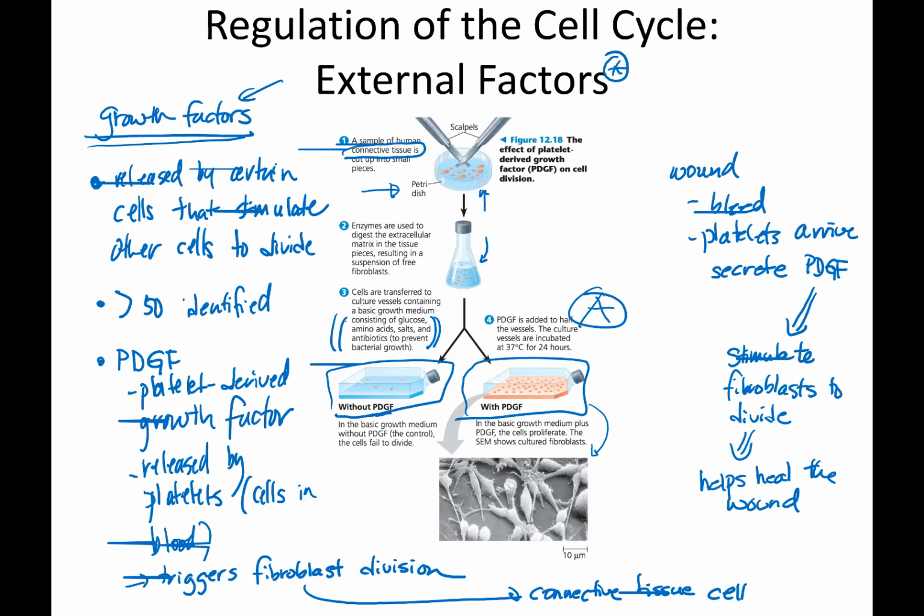Okay? So this is an external factor, right? PDGF is released by one cell type to influence the division of another cell type, fibroblasts in this example. Okay?